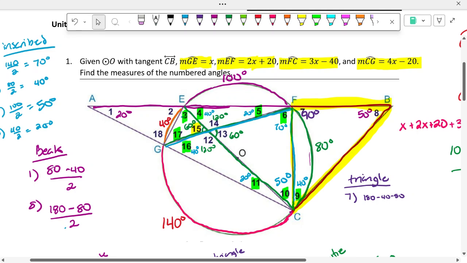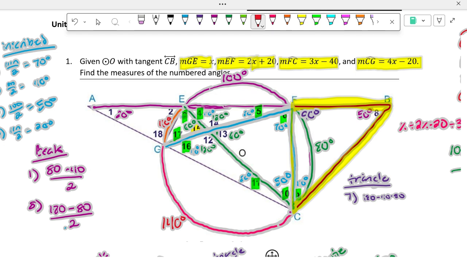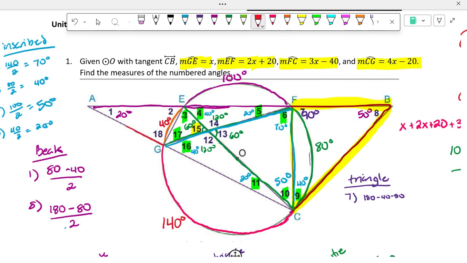Now, 2 and 18, they are not technically inscribed, because they're not formed from tangent lines. They're formed from secant lines. But there are ways that we can find them because what's true about right here?